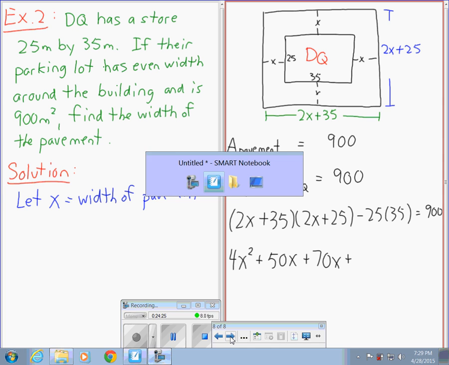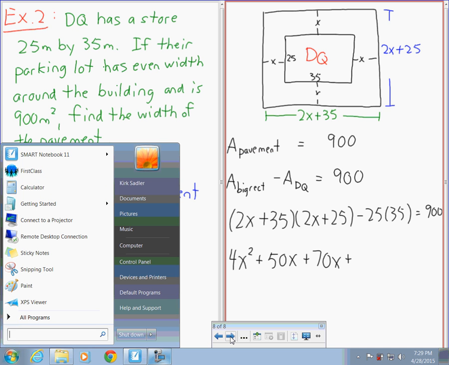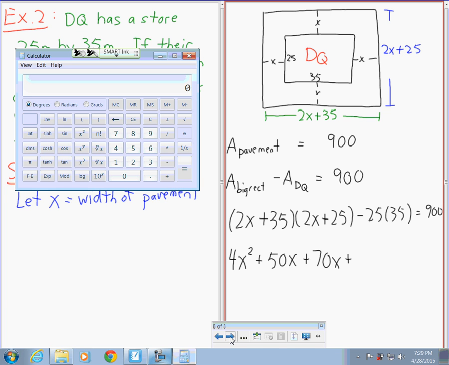Oops. The calculator. That's okay. 35 times 25, and of course, Jasmine yelling out this answer, which was 875. And minus 875 equals 900.